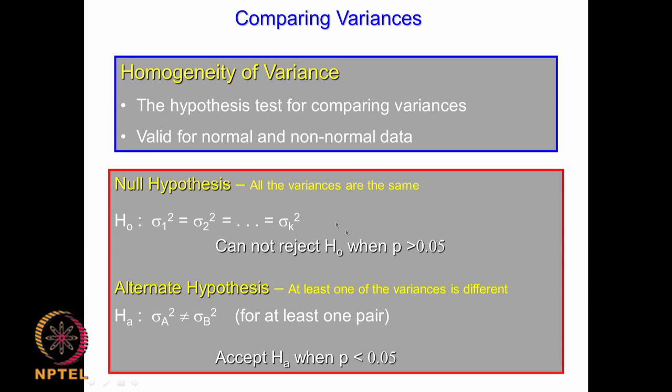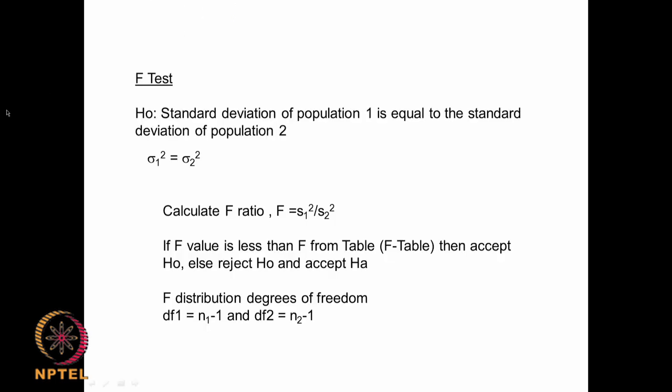We cannot reject H naught when p is greater than 0.05, and the alternate could be sigma s square is different from sigma p square and so on. If p is less than 0.05, we have to reject H naught and accept HA. So, you see the tests are there for comparing variances. In the t-test we are comparing means, here we are comparing variances. One test that is there is called the F-test.